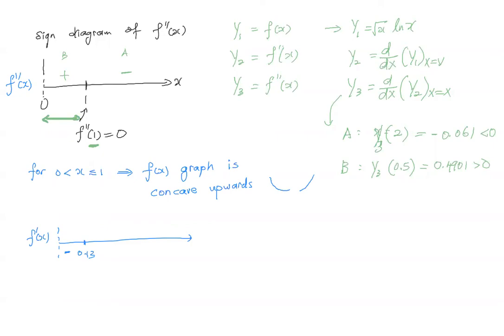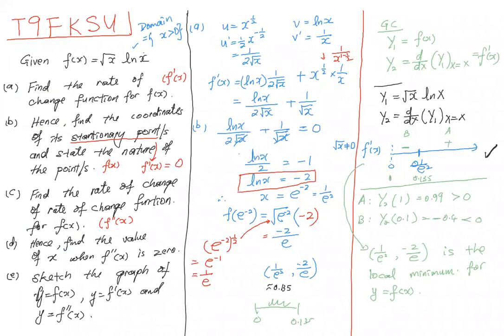Am I right? This is negative, and this one is positive. Okay, so from here I can know. Hey, am I doing the right thing? Okay, go on. It doesn't tally. Negative, positive.